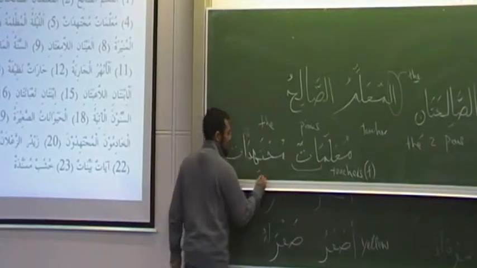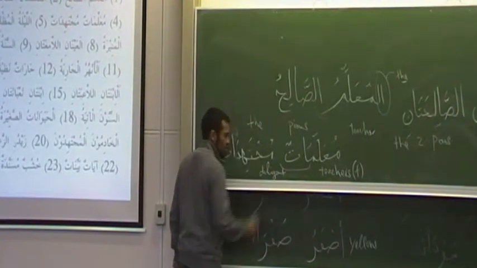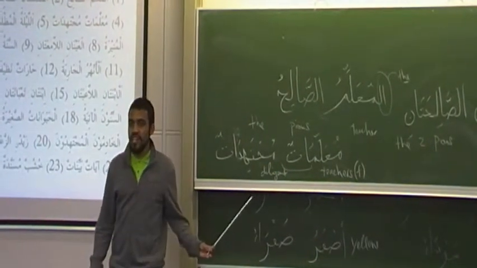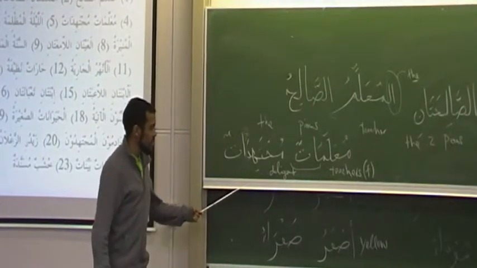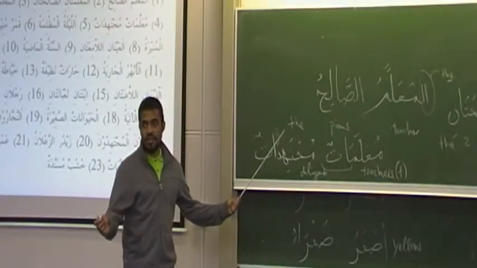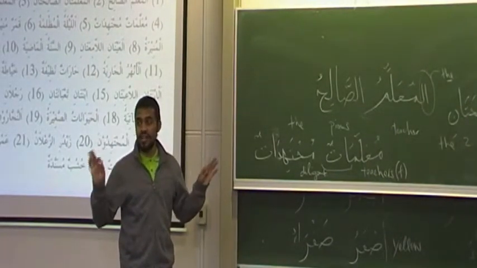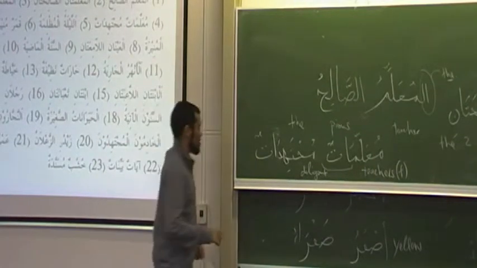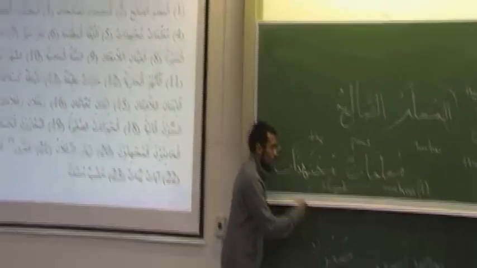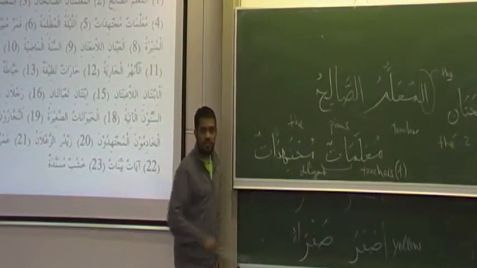Mujtahidatun is a word for diligent or hardworking. So I will use diligent, it just seems shorter than hardworking. Is it 'the' or is it just diligent teachers? Just diligent. Why? No al. MashaAllah, very good. Now, check. Is this feminine?